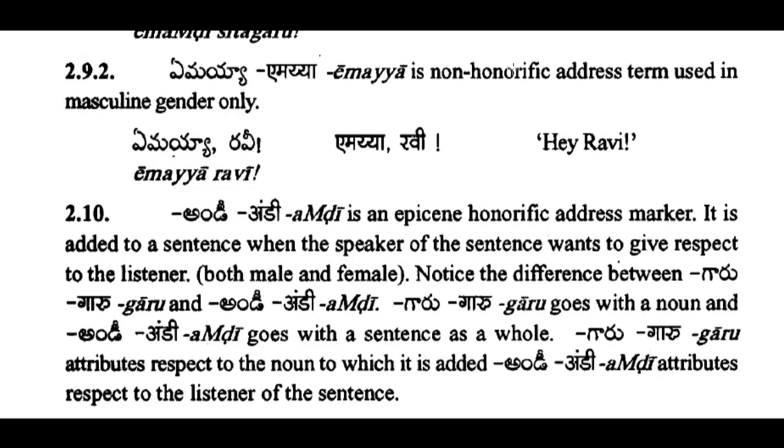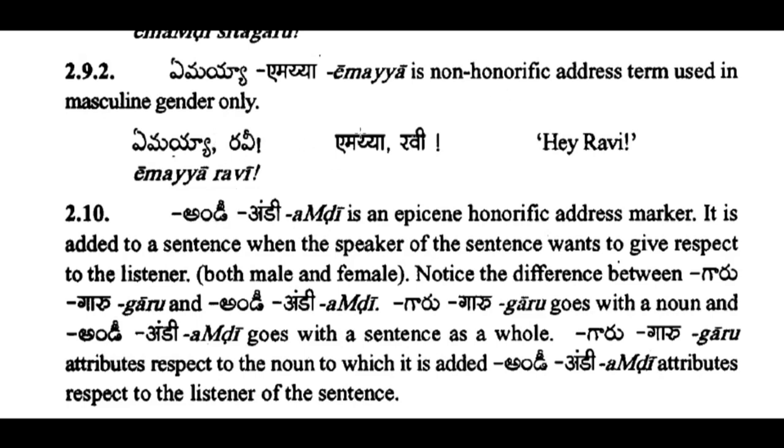Even the grandfather can say to his granddaughter, Emamma Sita ilara. Emamma means calling her attention. Here he will not say Emandi because she is a child, so no need to give respect. Emamma Sita ithura, come here.